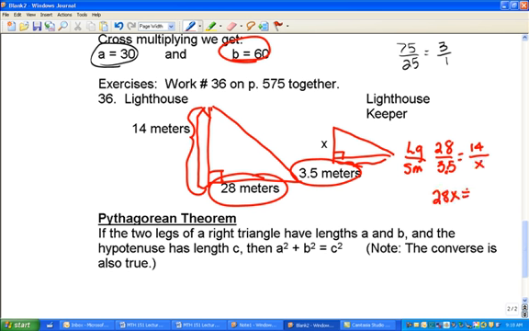So 28x, do my multiplication over here since I don't have my calculator handy. So that's 49.